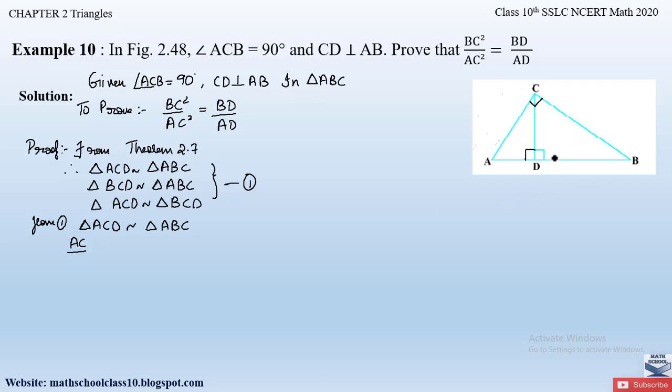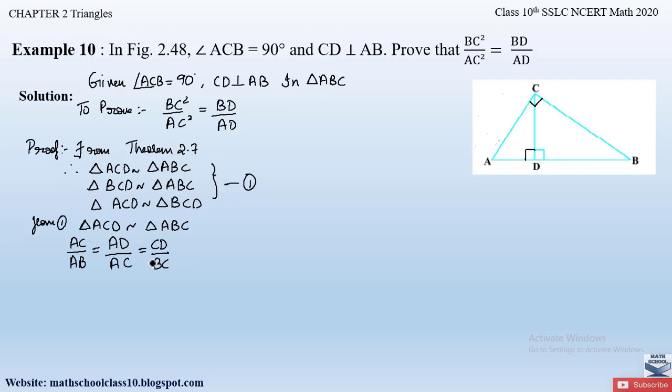Similarly, in triangle ABC, right angle is at vertex C, so hypotenuse is AB, equal to the base in triangle ACD, AD, divided by the base of triangle ABC, let us take the base here as AC, equal to the perpendicular in triangle ACD, CD, divided by the perpendicular in triangle ABC, BC. The perpendicular and the base can be interchanged, but the hypotenuse is always opposite the right angle.